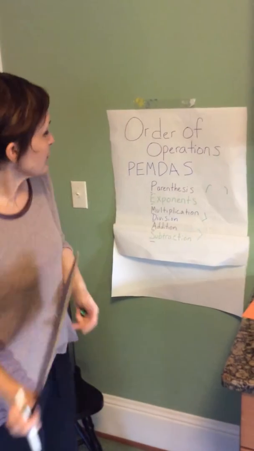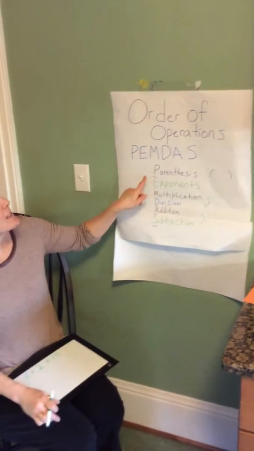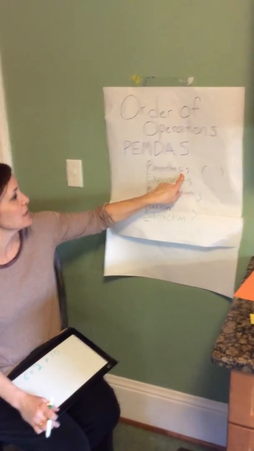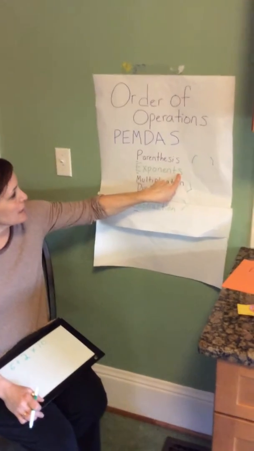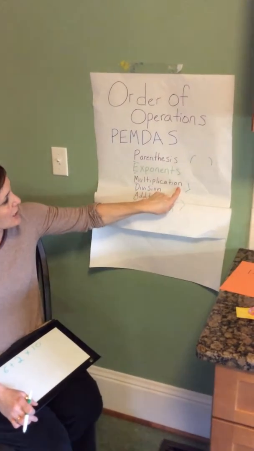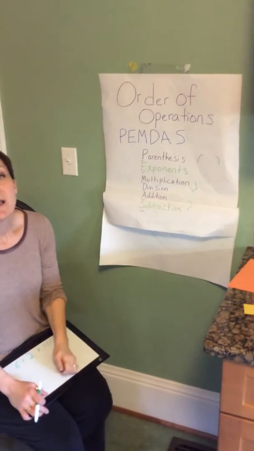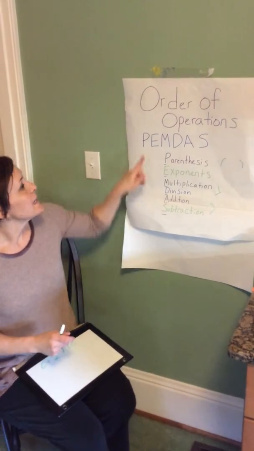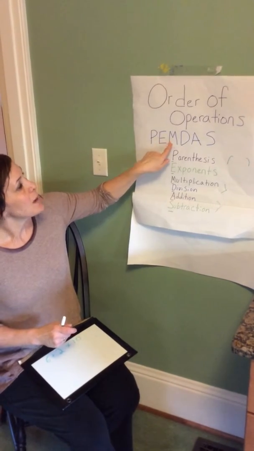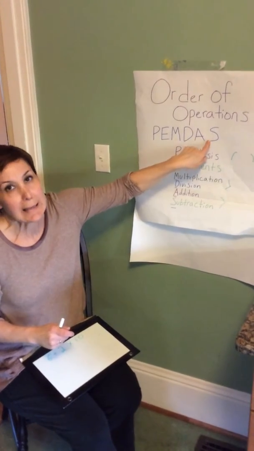And here they are. They're called PEMDAS. So when we're doing order of operations, we do parentheses first, followed by exponents, multiplication, division, addition, and subtraction. Another way a lot of people know this is, please excuse my dear Aunt Sally.